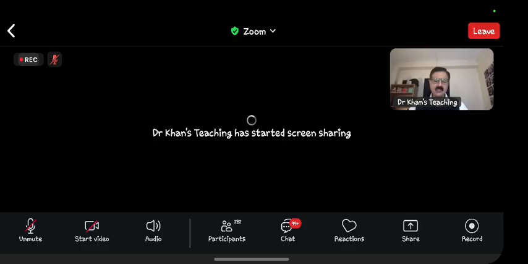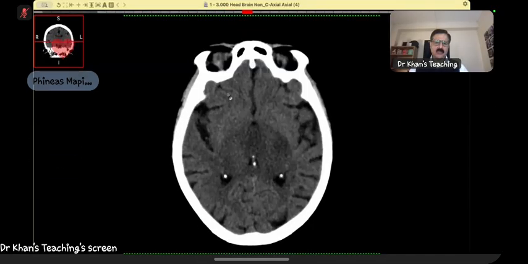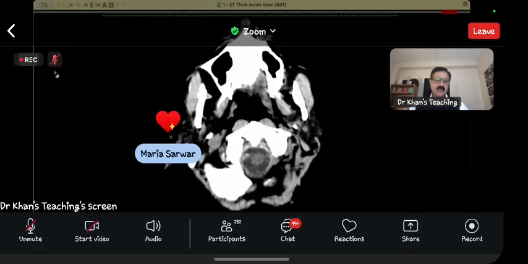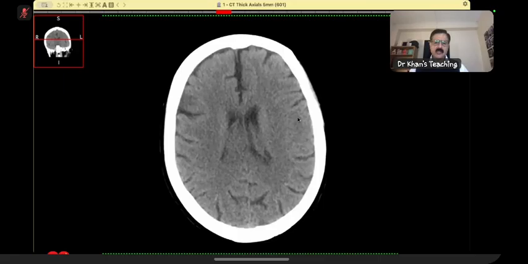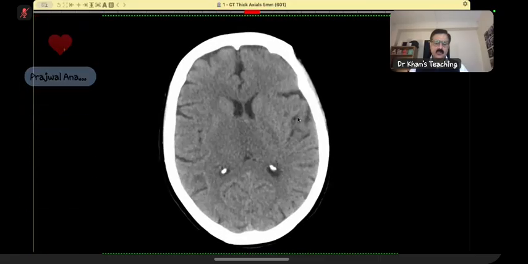Now, if you open a book of differential diagnosis, and this is why I say to people that you must refer to a book and you must try to remember at least some bookish differential of a particular condition, because your mind will keep working like this. But I'll tell you more than that. For me, the top four differential diagnoses for bilateral thalamus.